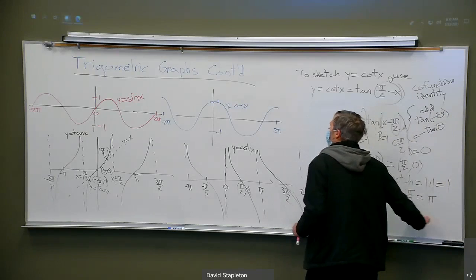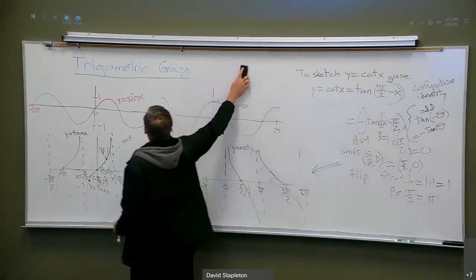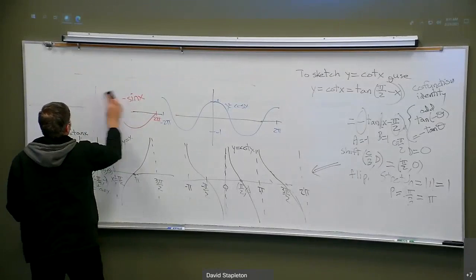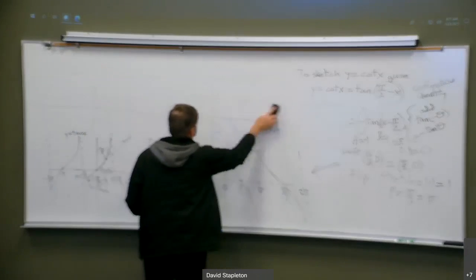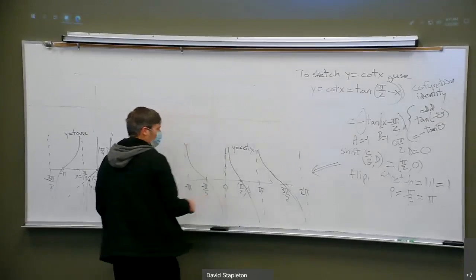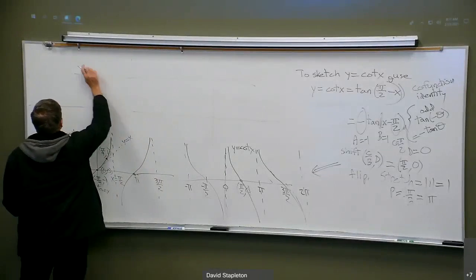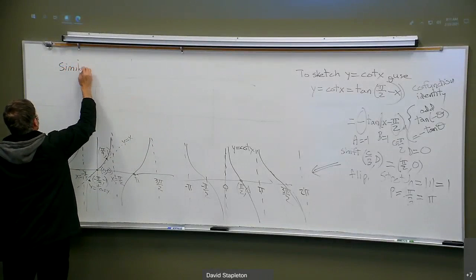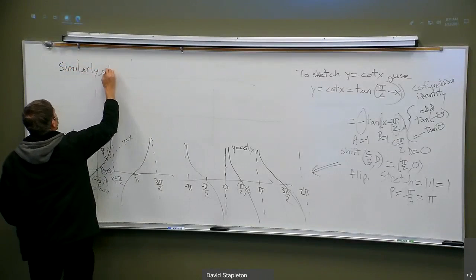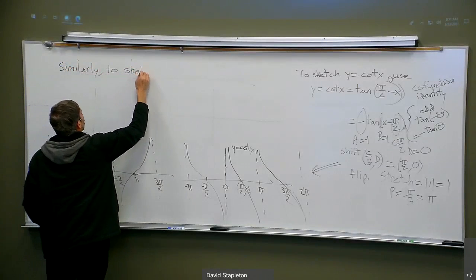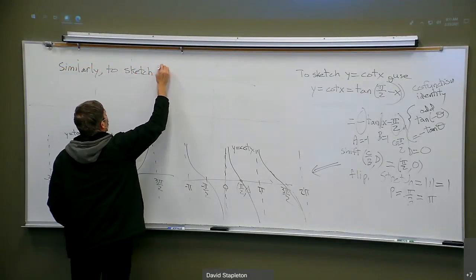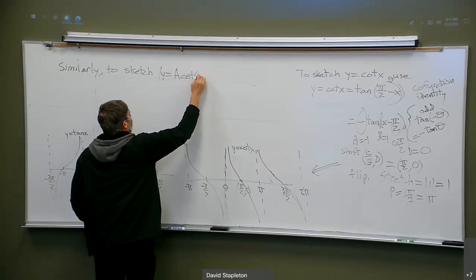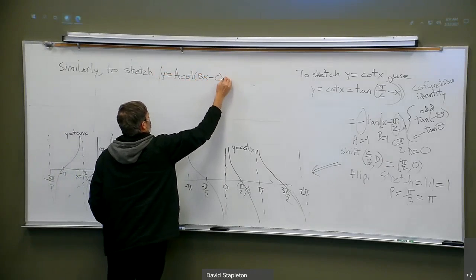So there's 4 of them. Let's see if we can sketch the most general case, because hardly ever do you need to sketch precisely the cotangent. Instead, you might sketch y equals a cotangent bx minus c plus d.